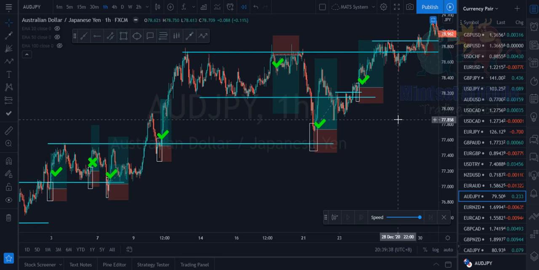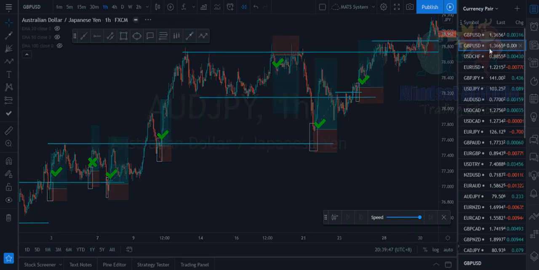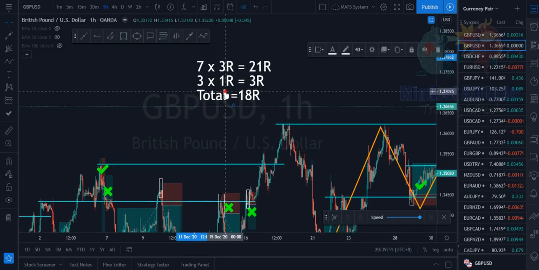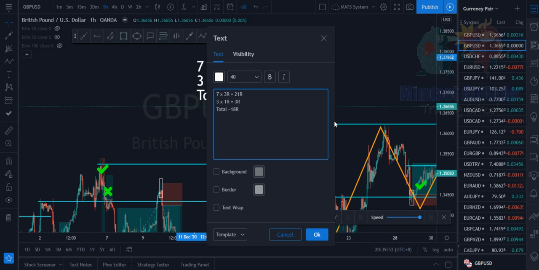Think about it: 21R, 17R, 11R. How much in terms of 1R you want to risk? When I talk about R, just a bit of small little lesson here. What does it mean by R? It's actually RR, risk to reward ratio.